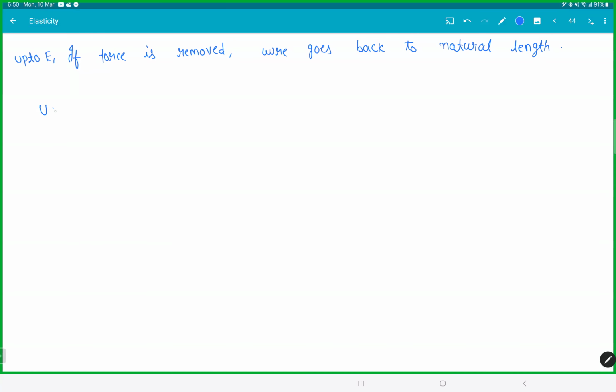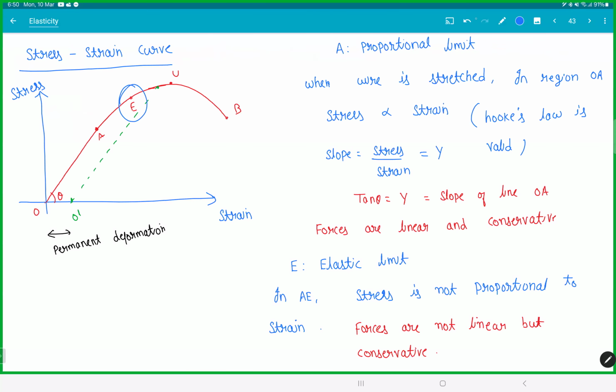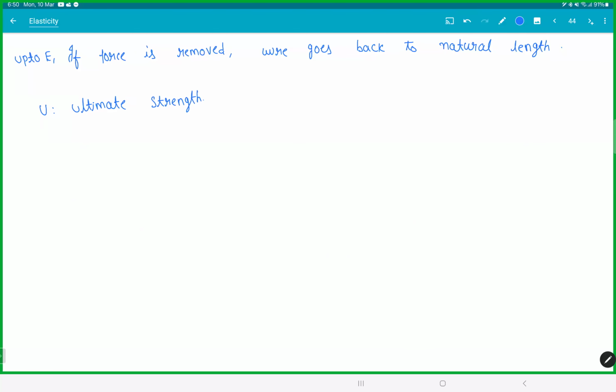Then we have U, which is the ultimate strength. So once you cross this point E here, things have gone bad, right? There is a permanent deformation. Once you cross E, even if you remove the force, you won't come back to the natural length.